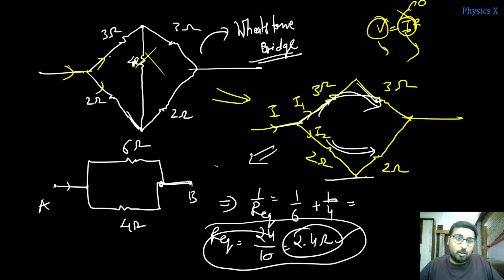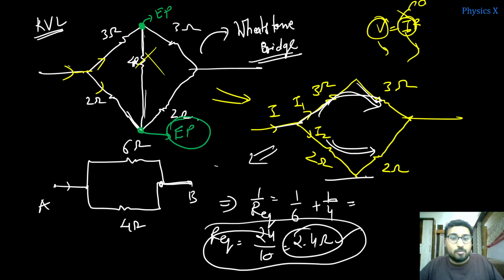You can also prove this by using Kirchhoff's voltage law. You can prove that the voltage across this branch is going to be zero, right? That is, the current across this branch is going to be zero. Why is the current zero here, if somebody asks? Because the electric potential at this point and the electric potential at this point are the same.